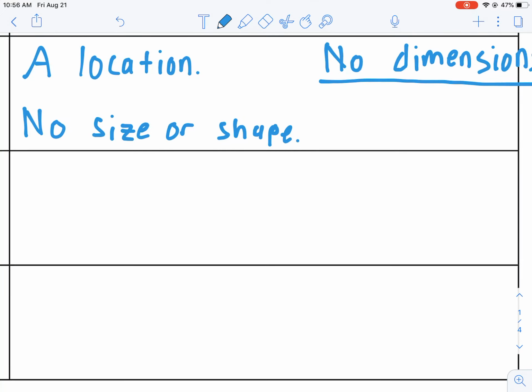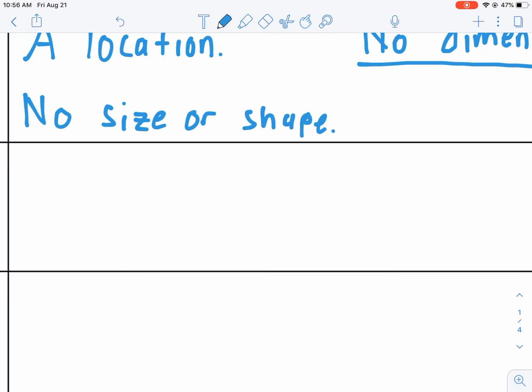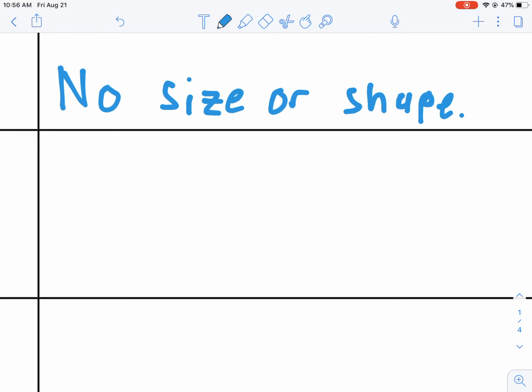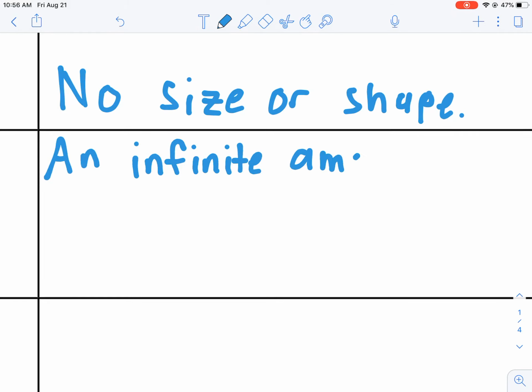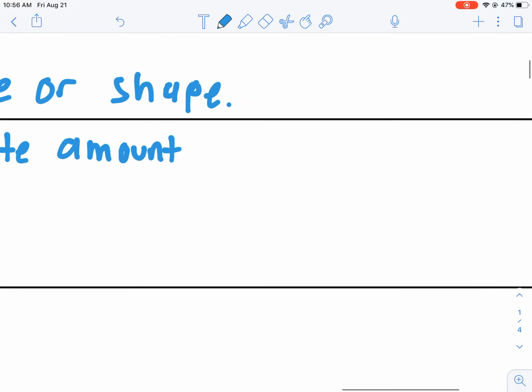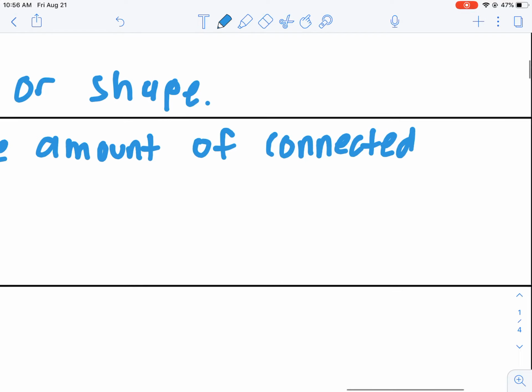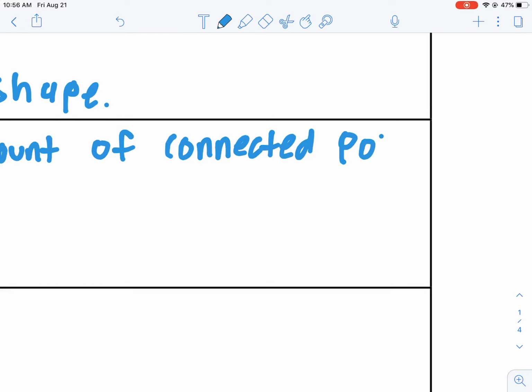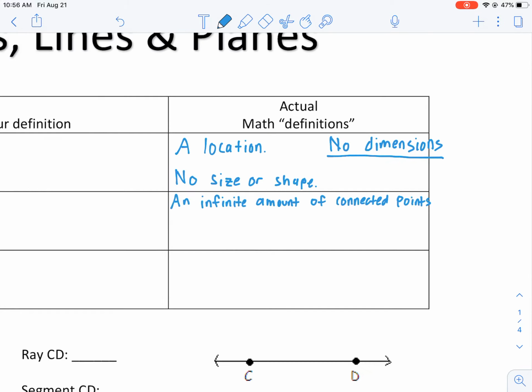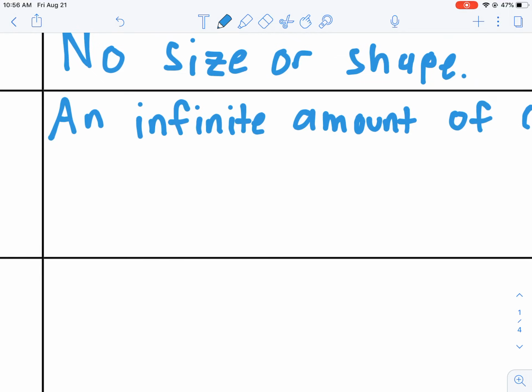I hope you know what a line is, but the mathematical definition of a line is an infinite amount of connected points that extends forever in both directions.